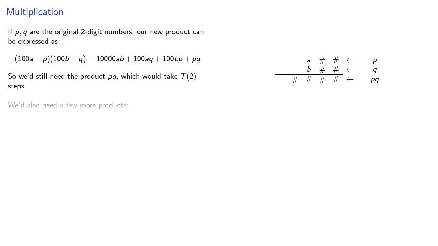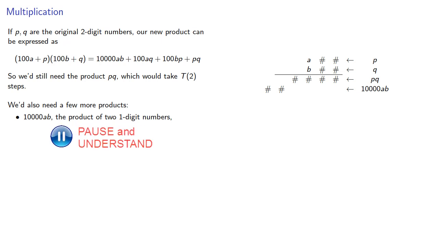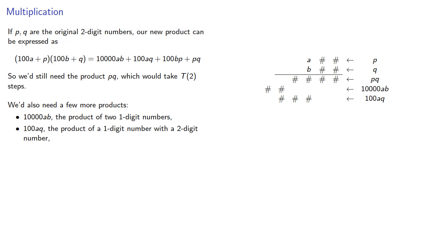We'd also need a few more products. 10,000 ab, the product of two 1-digit numbers, because that multiplication by 10,000 really is locating the place of the product. 100 aq, the product of a 1-digit number with a 2-digit number. 100 bp, the product of a 1-digit number with a 2-digit number.